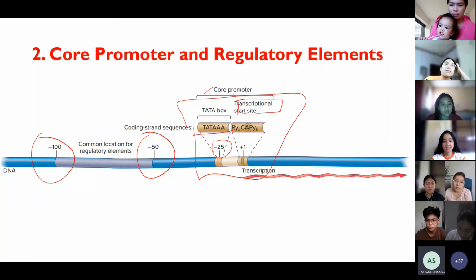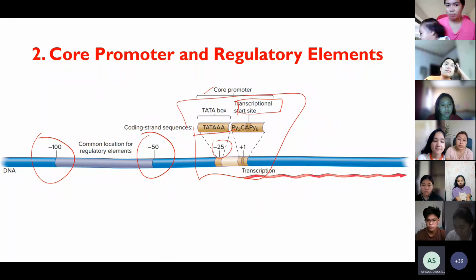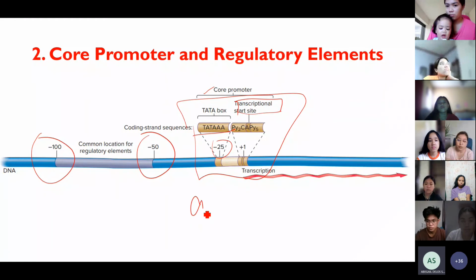So for DNA sequences such as your TATA box, your enhancers and your silencers will exert their effects only at a particular gene. So they're called cis-acting elements, and if you can still remember from the nomenclature, cis means next to.